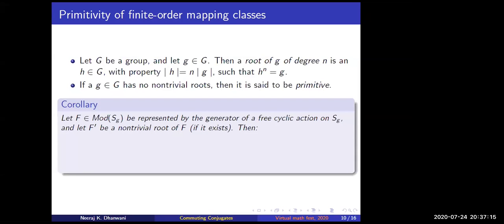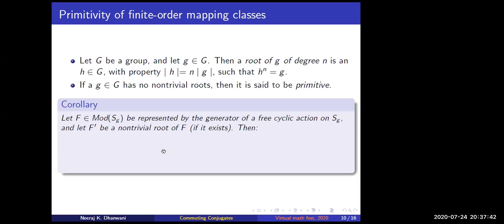So in the mapping class group, we have given the condition for primitivity, which is kind of the same as our main theorem, but much easier, because in this condition you are dealing with the same f and f to the power something. So if the order of f is 6, then you are dealing with f squared and f cubed, which are the same map.